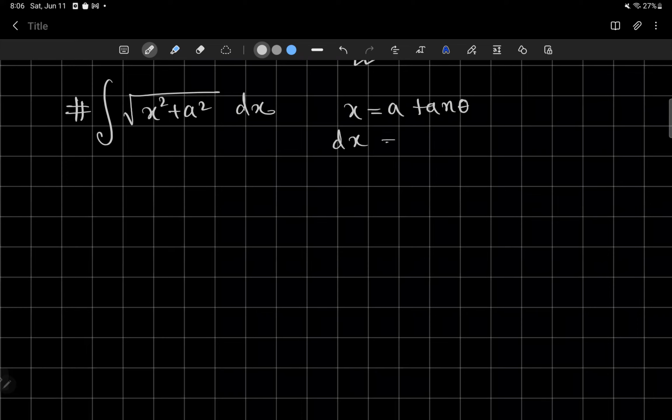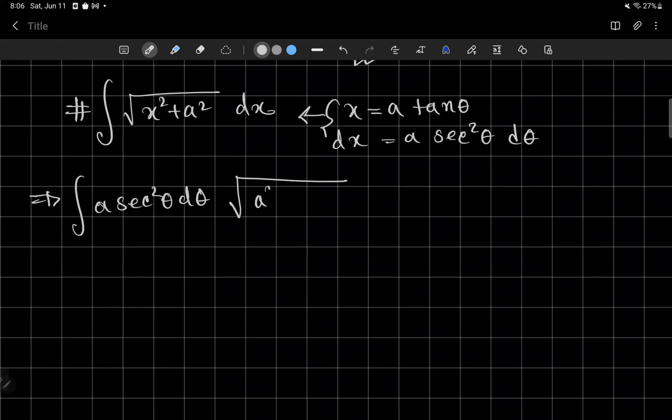So dx would be a sec squared theta d theta. Put this back into the integral. Instead of dx, you have a sec squared theta d theta, and then the square root of a squared tan squared theta plus 1.